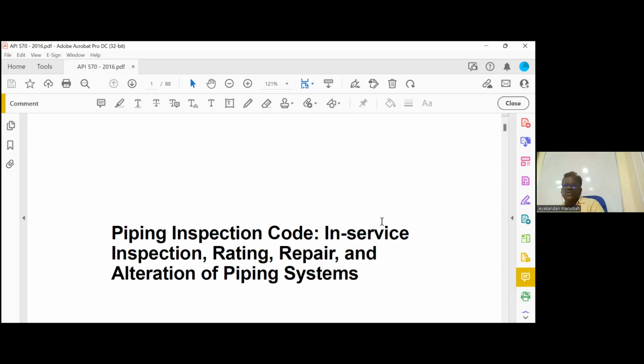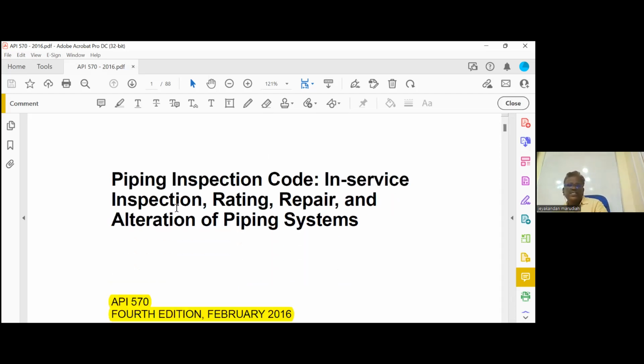So what is the 570 code? This is the definition of 570: in-service inspection, rating, repair, and alteration of piping systems. This code book you should understand properly, because this is the key to pass the exam.